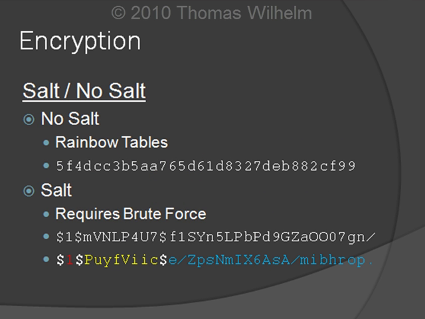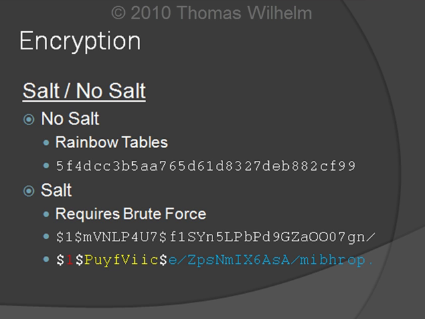There's a couple things we need to be familiar with when we're talking about encryption. The first one is the use of salt. The use of salt was created in order to provide additional complexity to encrypted passwords.